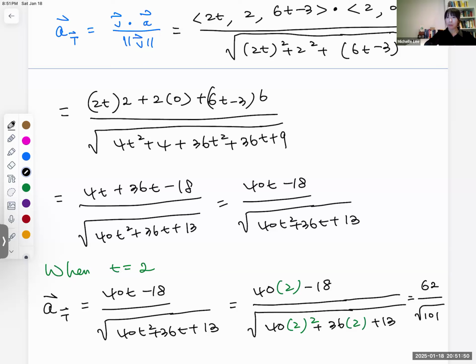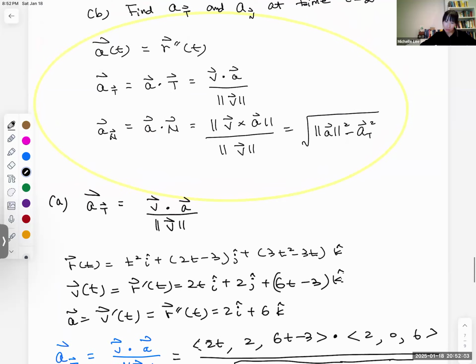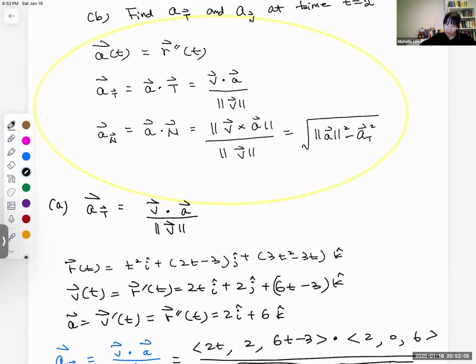Okay, now the second one, we want to find the normal acceleration. We could use this one, right?